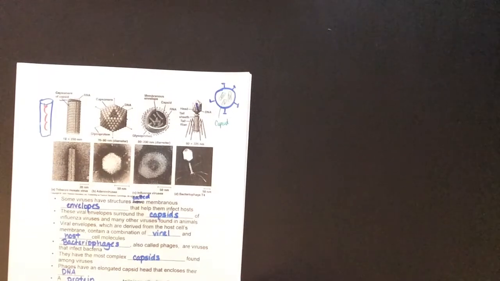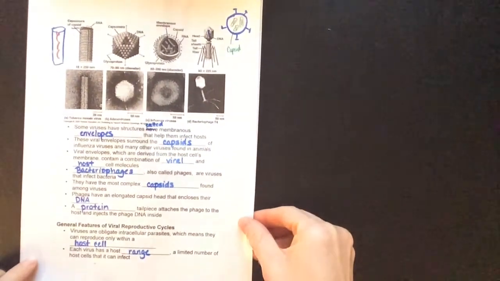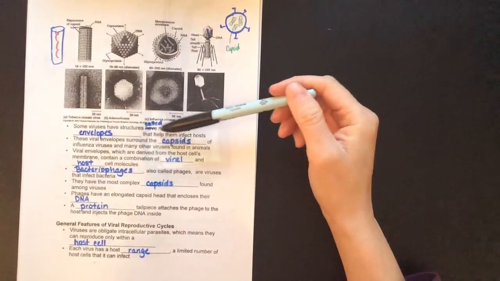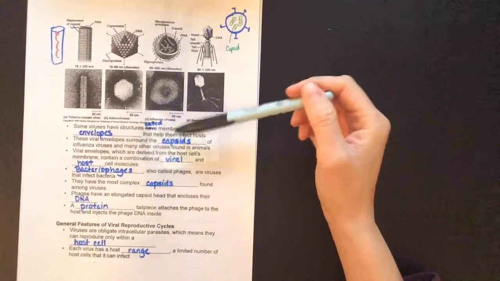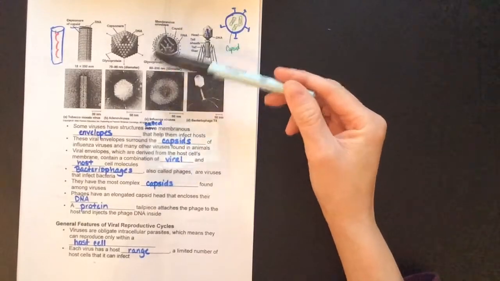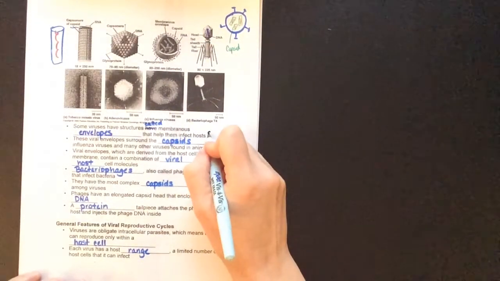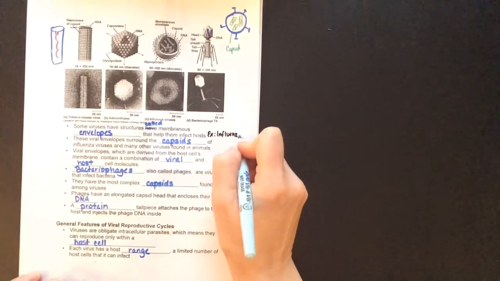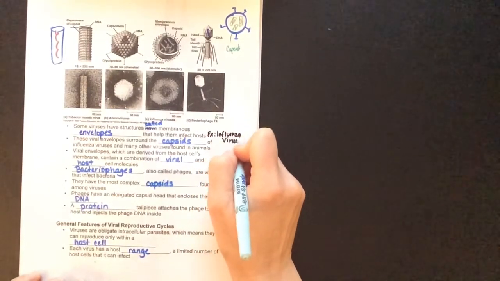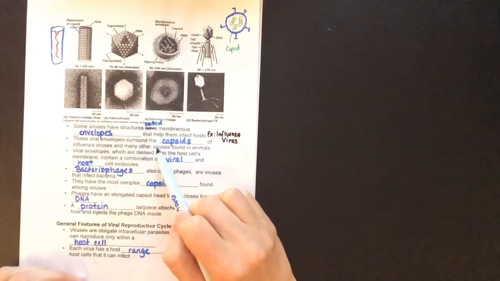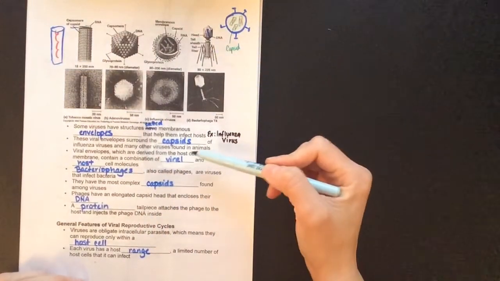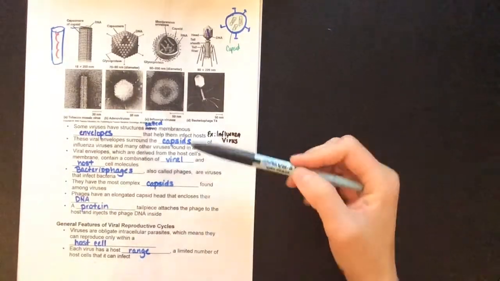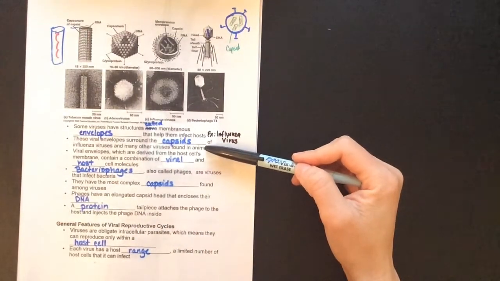So that's what we get at here as we look at the bullets. Some viruses have structures called membranous envelopes that help them infect the host. Up here, that was the example of the influenza virus. They surround the capsids of the influenza viruses and other viruses that infect animals.